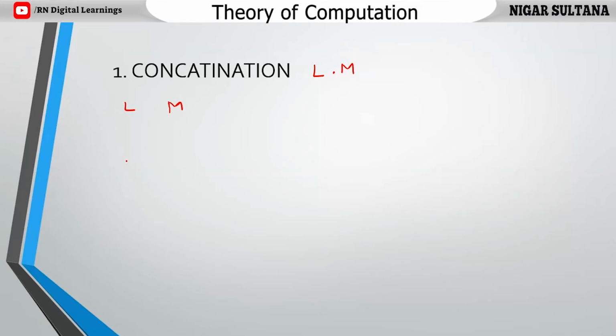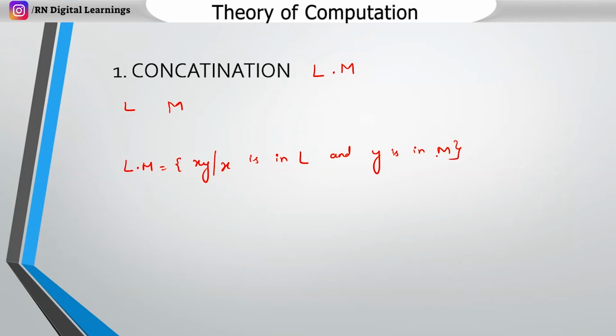How can it be denoted? L dot M equals xy, where x is selected from language L and y is selected from language M. I have told you that L represents one set of strings, and M represents another set of strings. From these, we select some x from L and y from M. Now let's see.